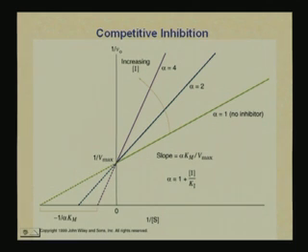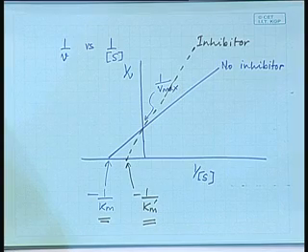So, what are the features of competitive inhibition? The substrate and enzyme complex is formed, and the inhibitor is competing for the same site, right. In the event of this, what is happening? The Vmax is the same. The maximal velocity attained can be the same.